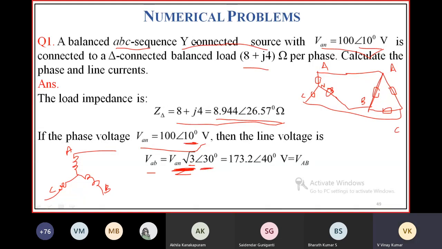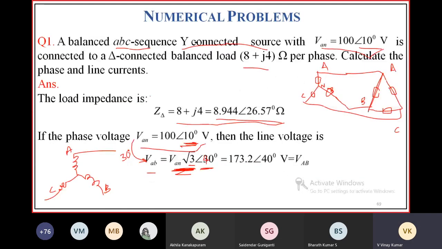Coming to the phase angle, if phase voltage is 100 at an angle 10 degrees, what about the corresponding line voltage? Line voltage leads phase voltage by an angle 30 degrees, means if it is 10 degrees, this angle will be 40 degrees. So VAB equals 173.2 at an angle 40 degrees. You add 30 degrees to this.